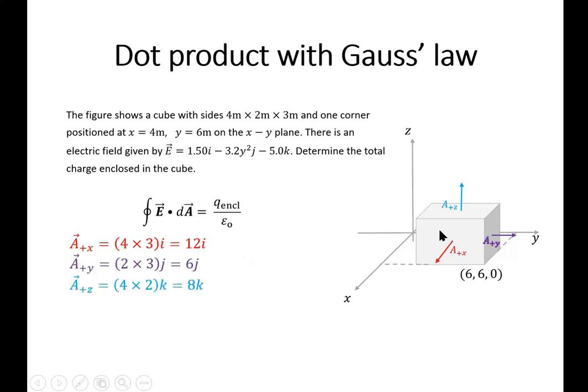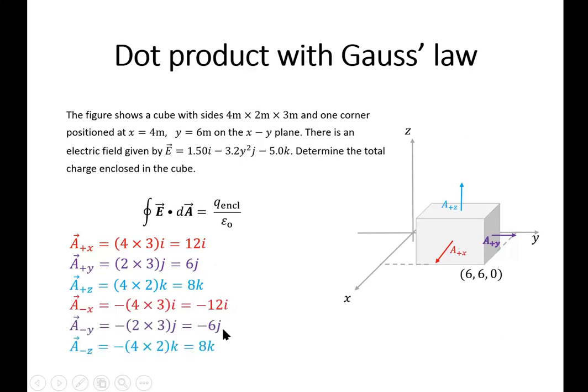We can do the same for the y direction, which is 2 multiplied by 3, giving us 6. And the unit vector is in the direction of what? j. The same thing we can do for a plus z, which is 4 multiplied by 2, giving us 8k.